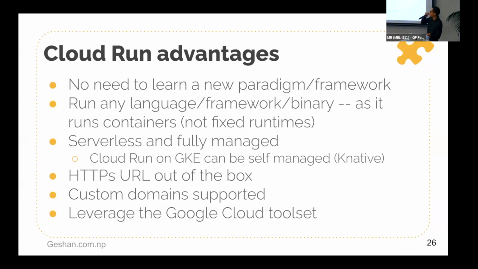So why use Google Cloud Run compared to other offerings, or just in general? With Google Cloud Run, there would be no need to learn a completely new paradigm or framework. By that, I mean, if you transform your currently running application into function as a service, you need to know the nooks and corners of that particular thing.